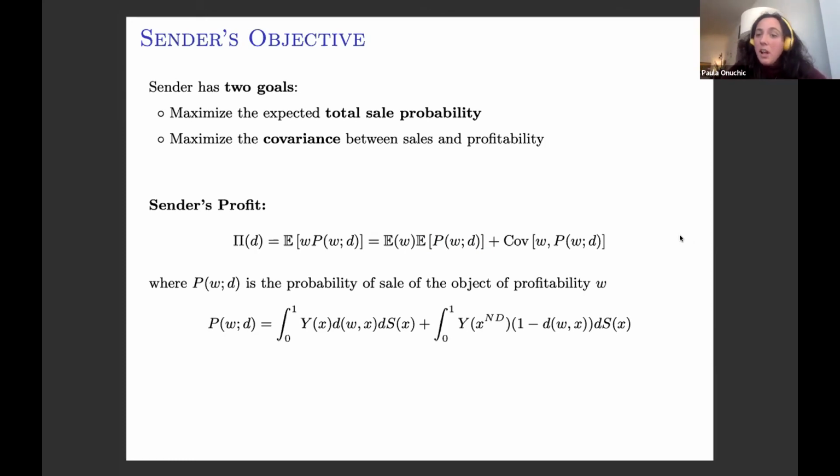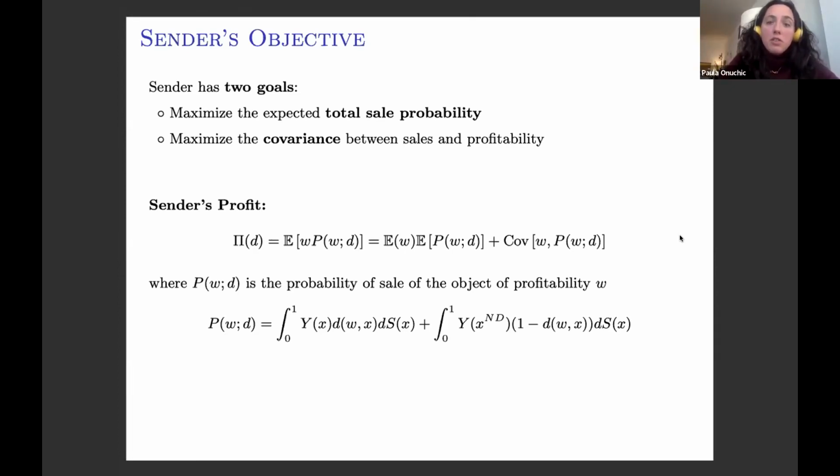Okay, so Paula, just a quick question. This expression of P seems to say that whenever I disclose, the agent buys, right? So I'm never going to disclose a signal that leads to the agent not buying. Is that the case? Right, but I pre-committed.